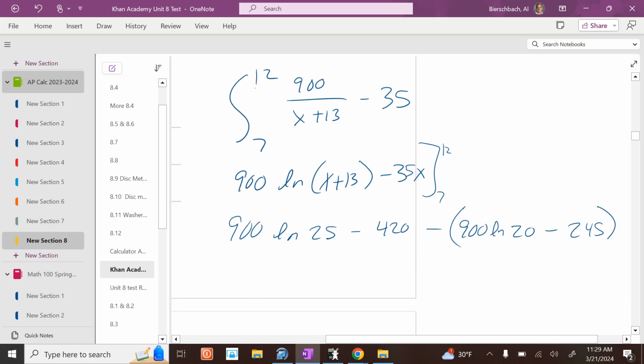All right, so if we distribute the negative sign, negative 420 plus, so this would be negative 175, and then 900 ln of 25 minus 900 ln of 20 would be 900 ln of 5.